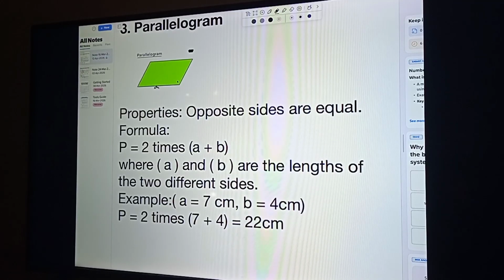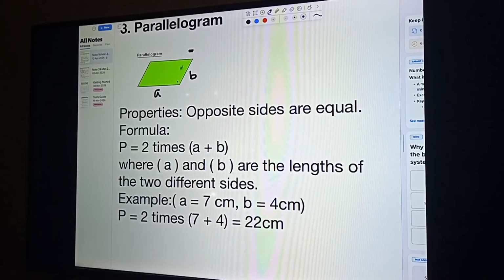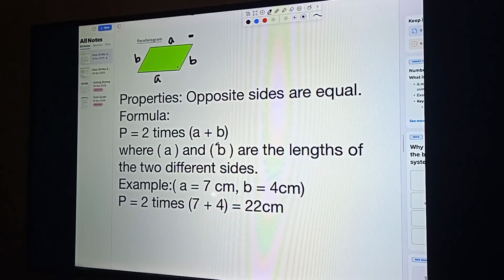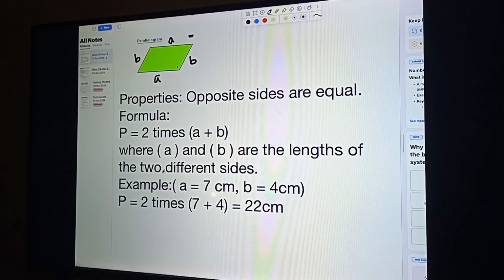That is, if one side is equal to A, then the other side will be equal to B. As opposite sides are equal, this side will be B and this side will be A. So you can use the formula 2 times (A plus B).